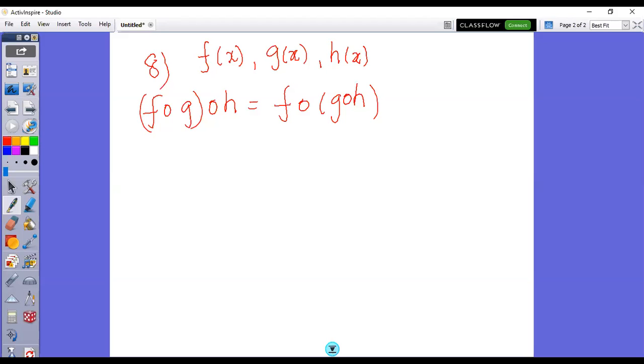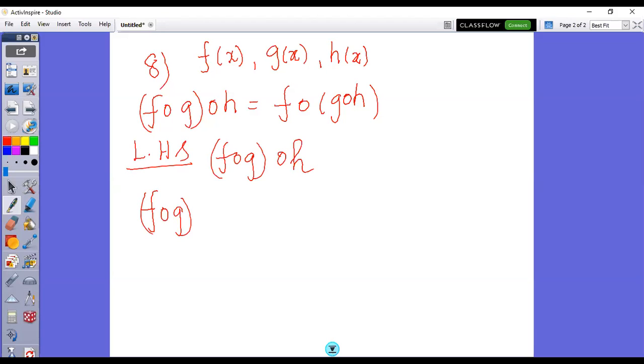Let us show that LHS equal to RHS. First to prove LHS: LHS is f composite g composite of h. First, write the f of x value.